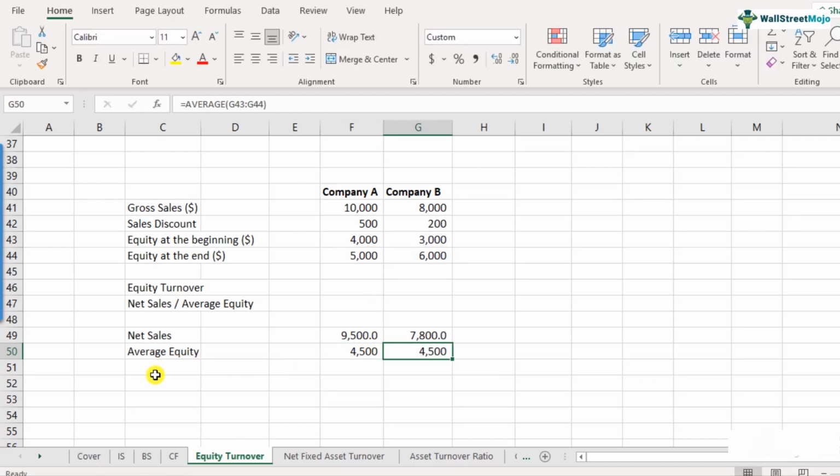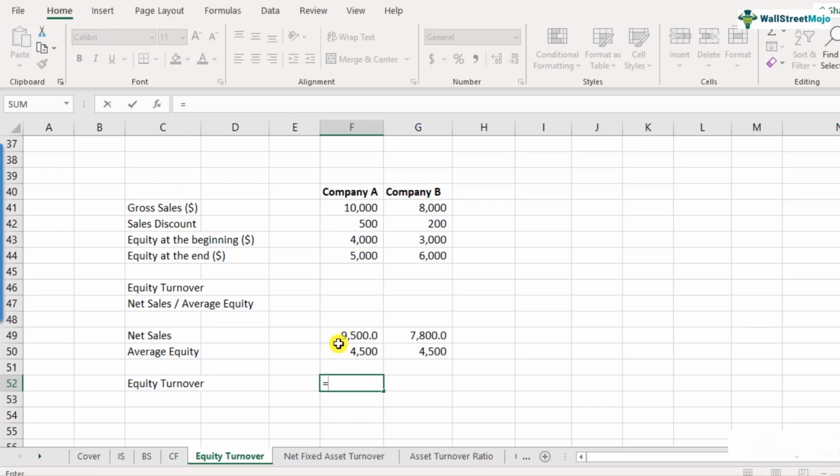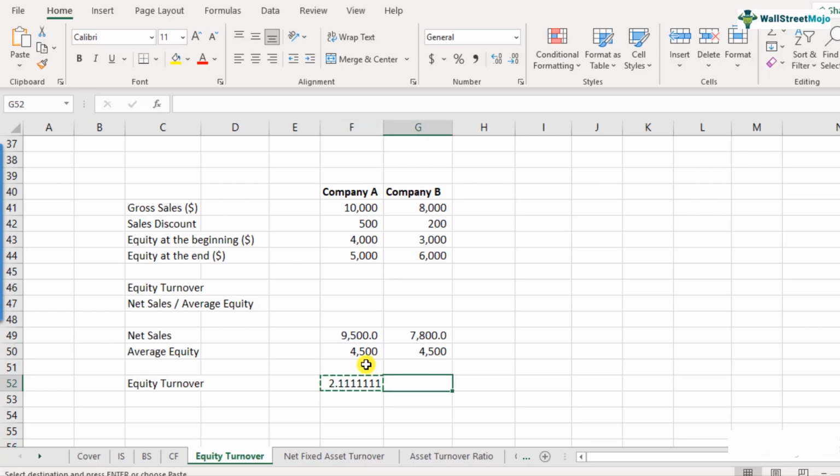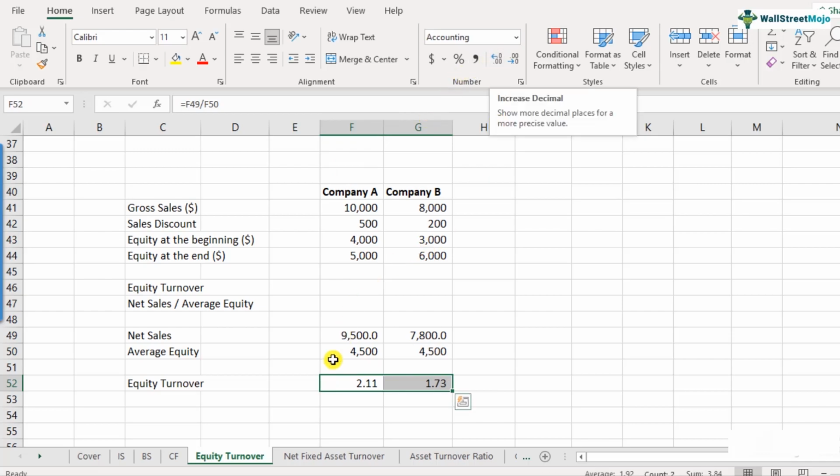All right. So the equity turnover will be 9,500 divided by 4,500. This is 2.11. And for company B, this comes out to be 1.33. So what is the interpretation?